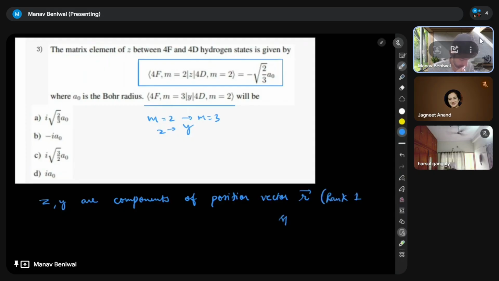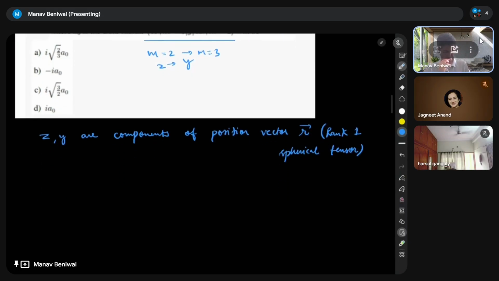Our z is defined as T_0, where the 1 means the rank, and our y is defined as iota by root 2 times T_1 plus T_minus 1.